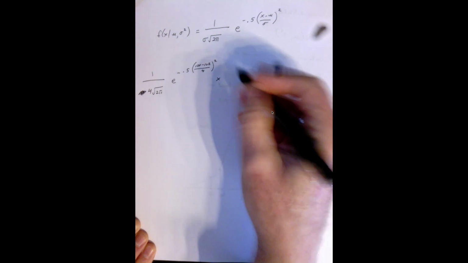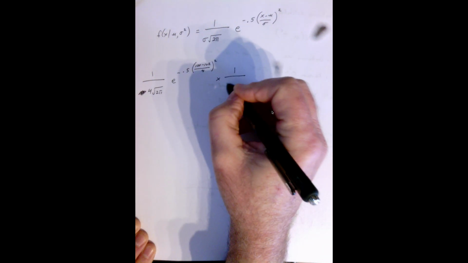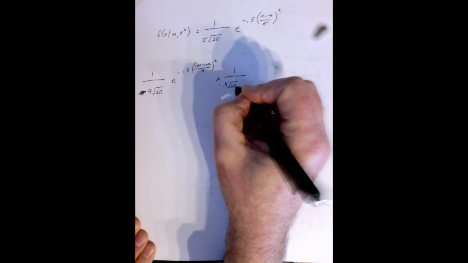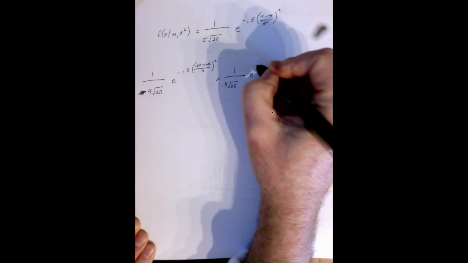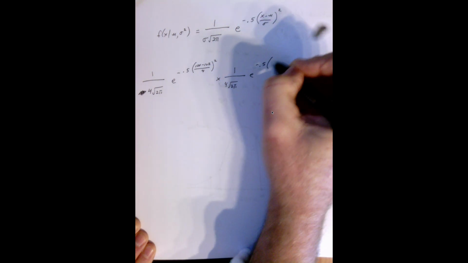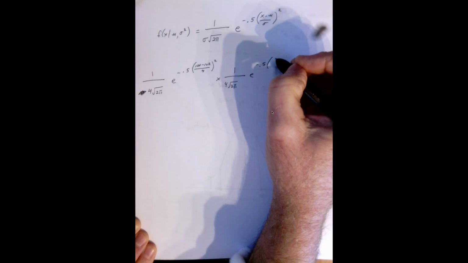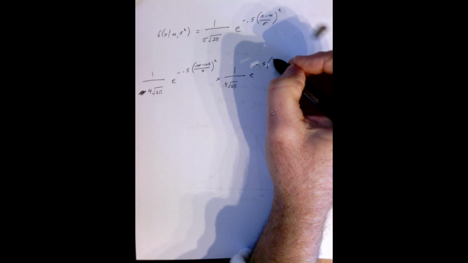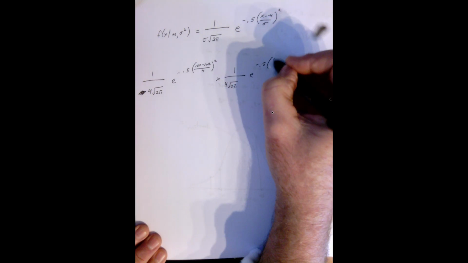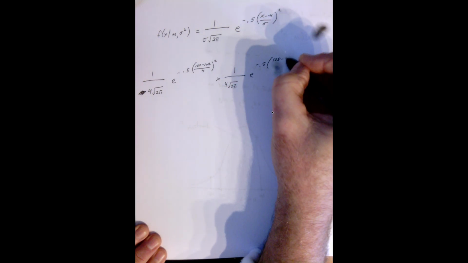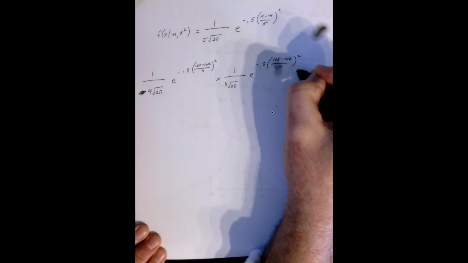Then we would multiply 1 over 4 square root of 2 pi e to the negative 0.5. Next data point was 105, I believe. Times the next data point. Put this in your calculator or however.